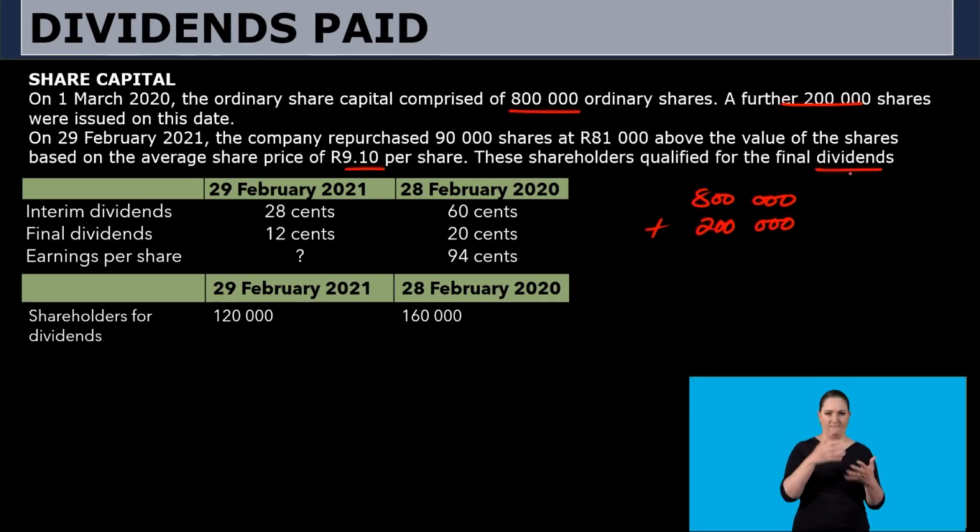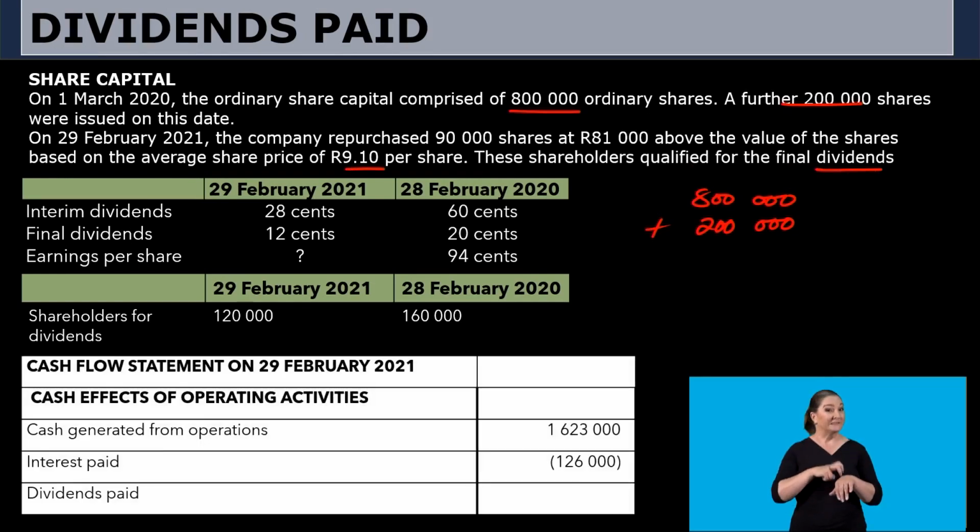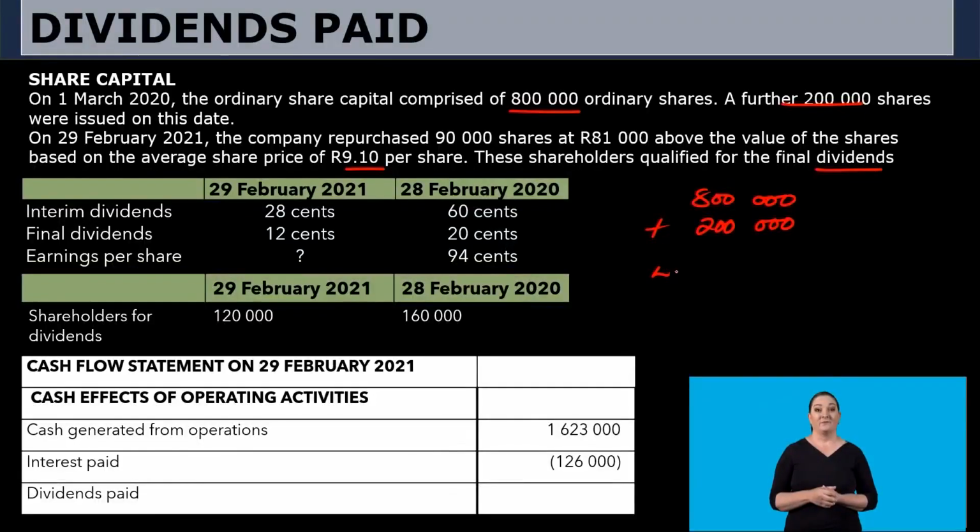Now we are supposed to calculate our dividends paid. There is a quicker way of getting your dividends paid. You simply say last year's final dividends. Where do we get last year's final dividends?